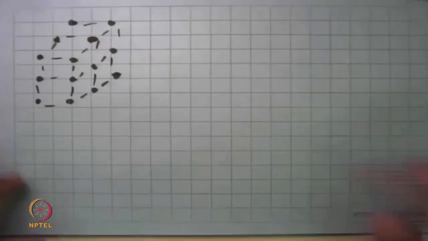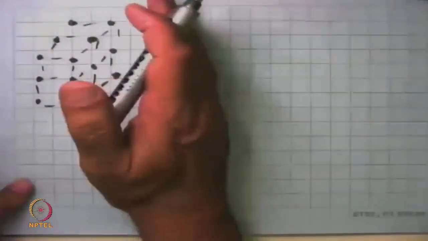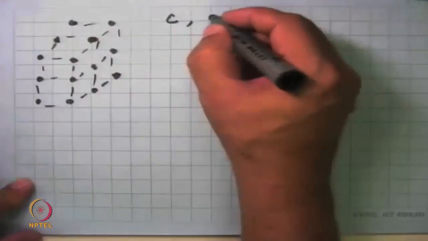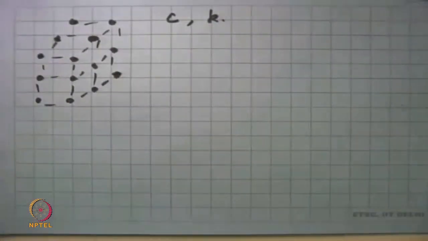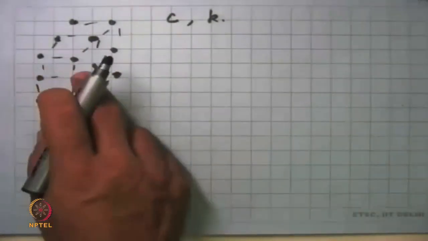So you need at least a small mini supercomputer, a few days to work on it, and it will give you the answer. It will tell you that the specific heat of aluminium is this much and the thermal conductivity of aluminium is this much.